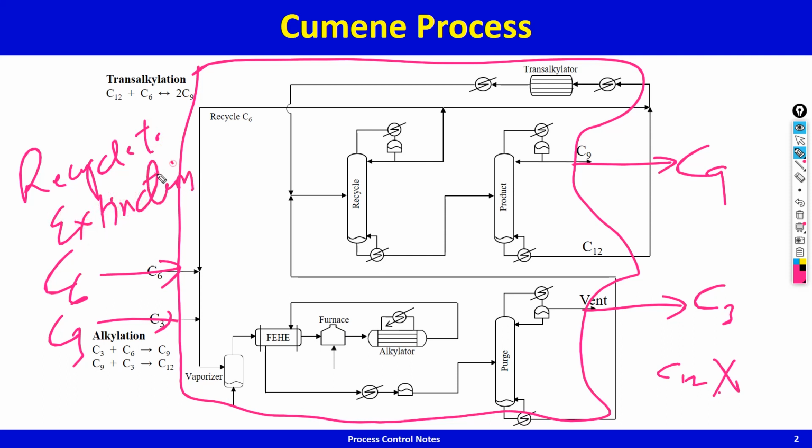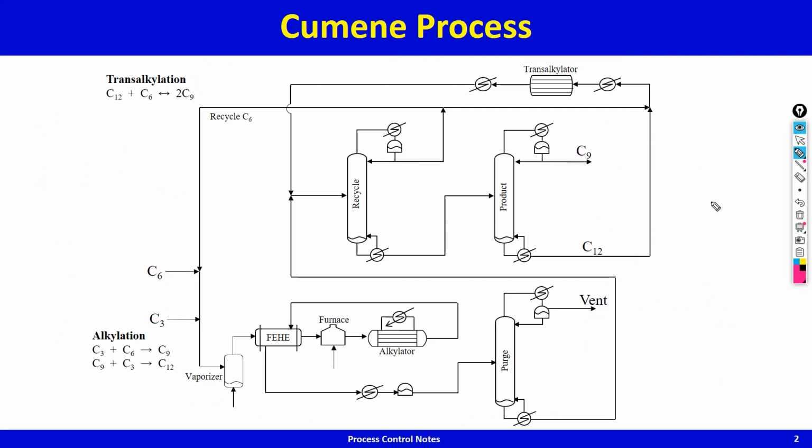Typically chemical processes are designed so that minor side products are recycled to extinction to improve the economics. So basically everything leaves as either the product or as fuel gas or as vent. This is actually fuel gas which will be burnt in a furnace or wherever. And this is your useful product. So you've got an input output structure of the process which looks like this.